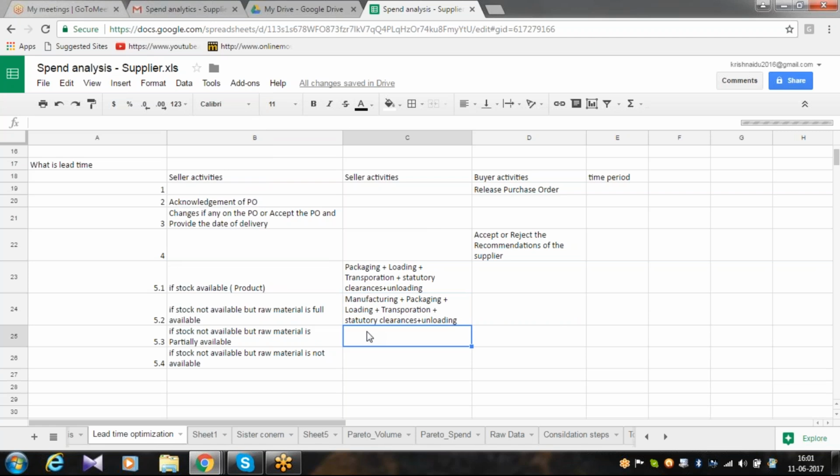Here, ordering raw material plus receiving raw material, then plus the leftover.